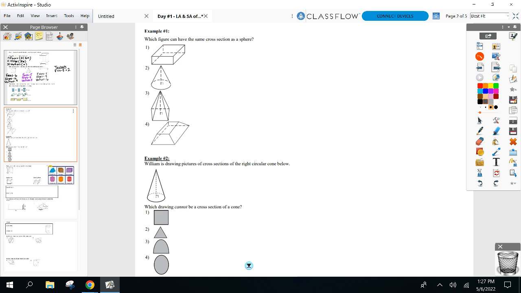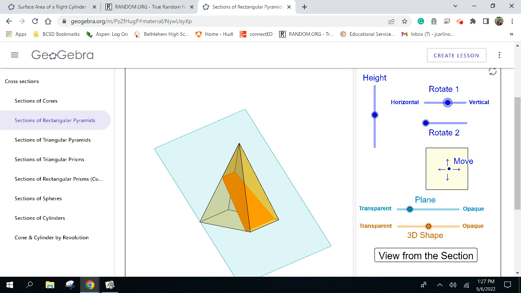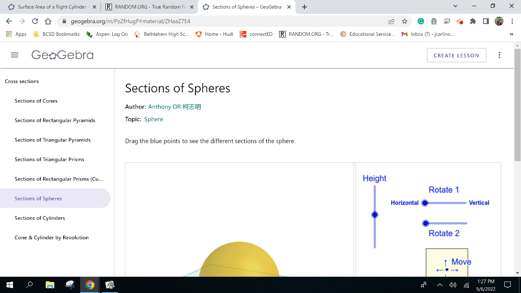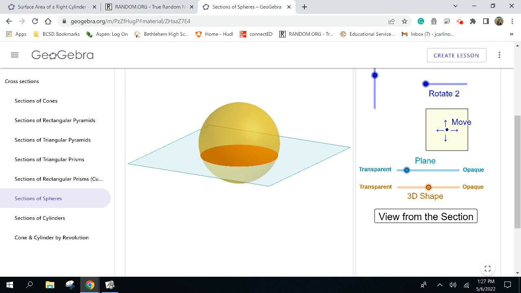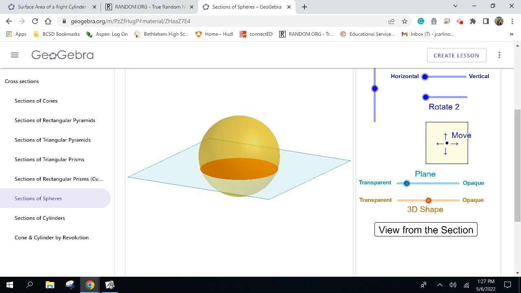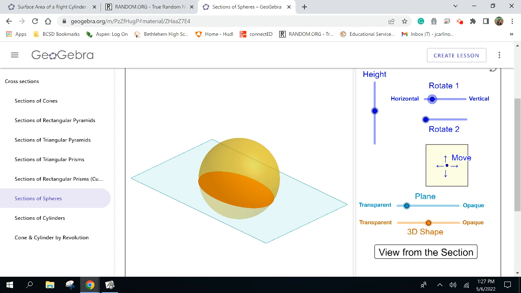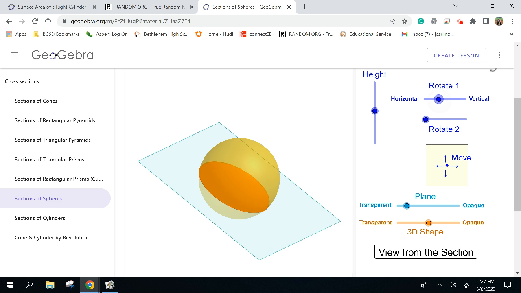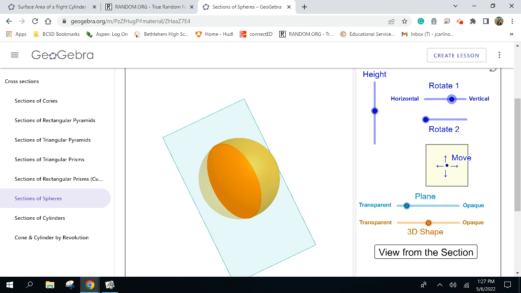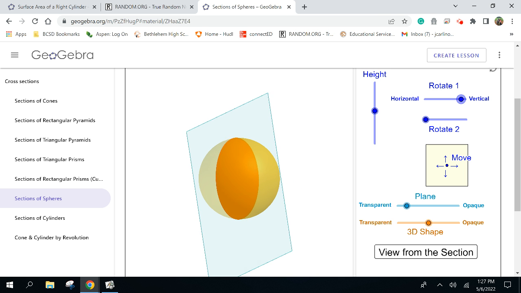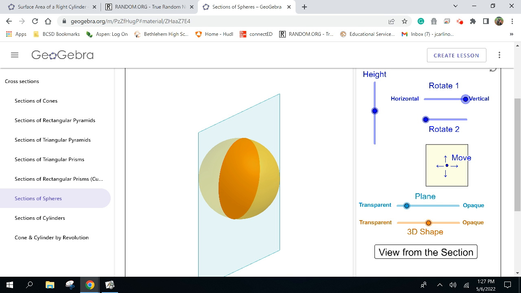Will I always have the same shape as my cross section, or will it ever be different? Take a quick peek. Let's go to spheres. Right now it's a circle. Do you think it's ever going to be anything other than a circle? No, nothing, right? It's always a circle.